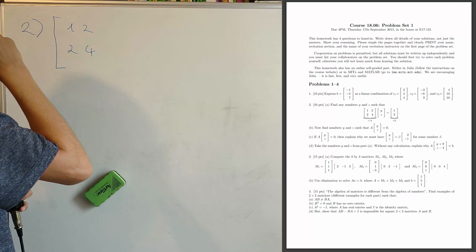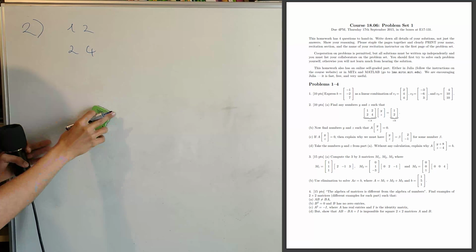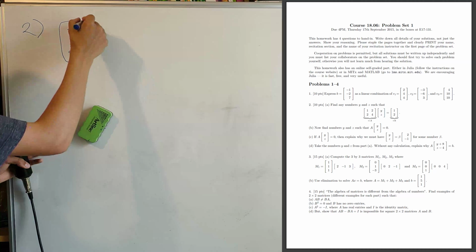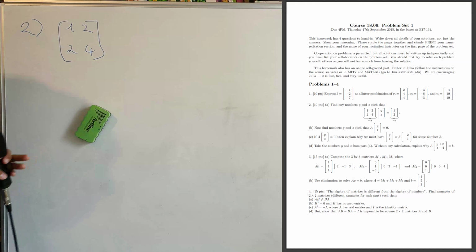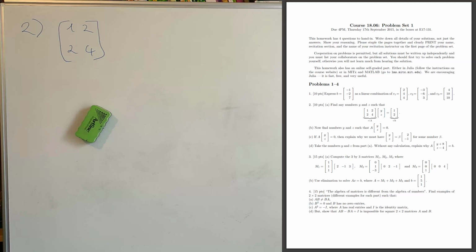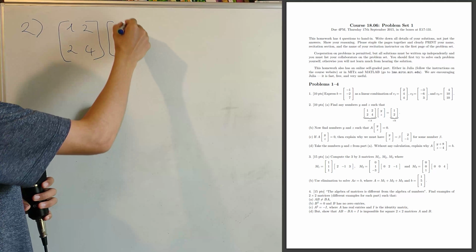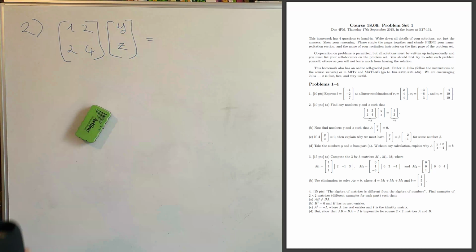What you may notice about A is that it's symmetric, so the transpose would be the same. 1, 2, 3, 4 times (y, z) equals 1, 2.